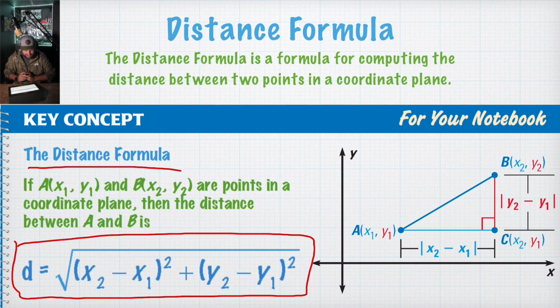If A is x1, y1 and B is x2, y2 are points in a coordinate plane, then the distance between A and B is D equals the square root of x sub 2 minus x sub 1 squared plus y sub 2 minus y sub 1 squared. That's how you're going to find the distance between any 2 points in a coordinate plane.